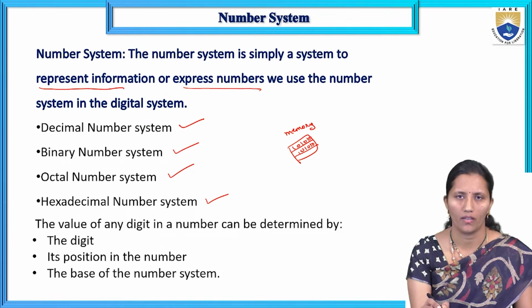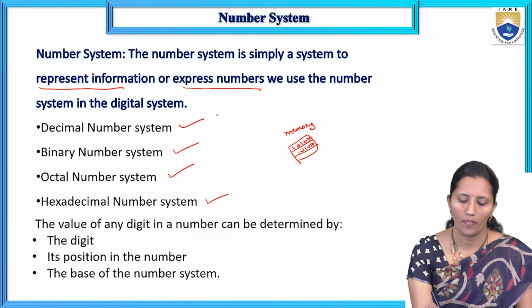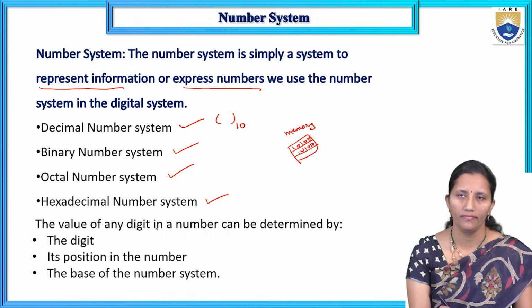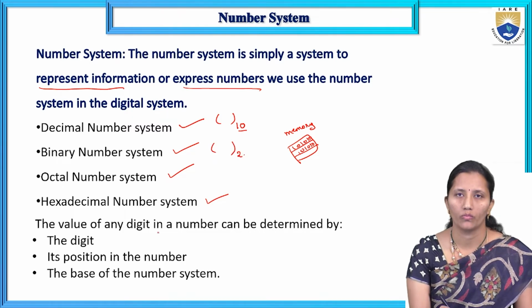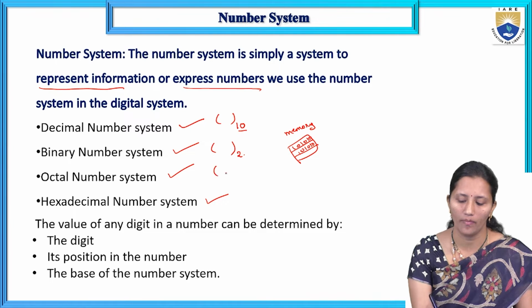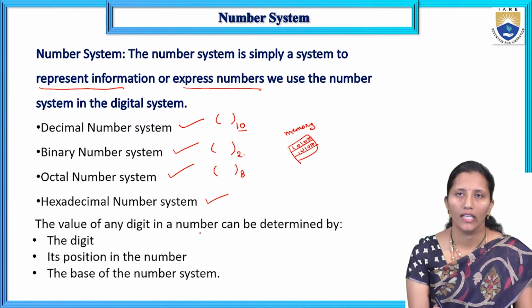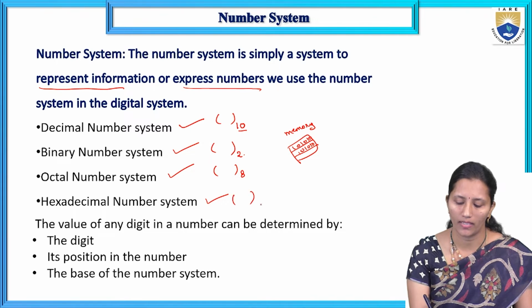Suppose 10 rupees, 100 rupees: any number we tell is in terms of the decimal number system. The base for the decimal number system is 10. I will tell you what a base is. For the binary number system, the base is 2. For the octal number system, the base is 8. And for the hexadecimal number system, the base is 16.